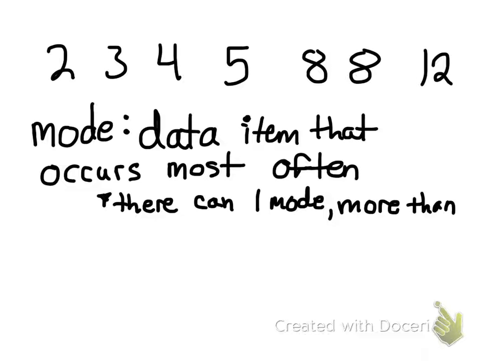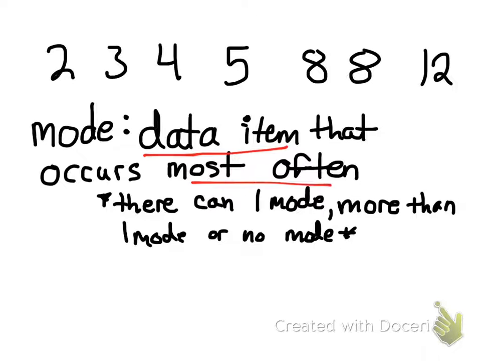Or no mode. So in this example, the mode, the data item that occurs the most often, 8 occurs 2 times, so the mode equals 8 in this case. Because 8 is the only number that occurs 2 times in this set.